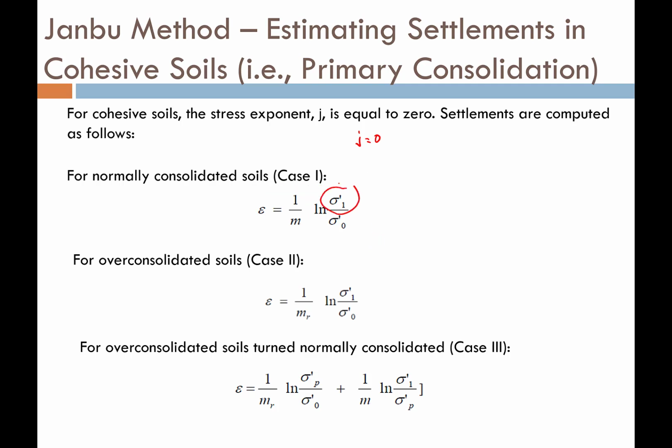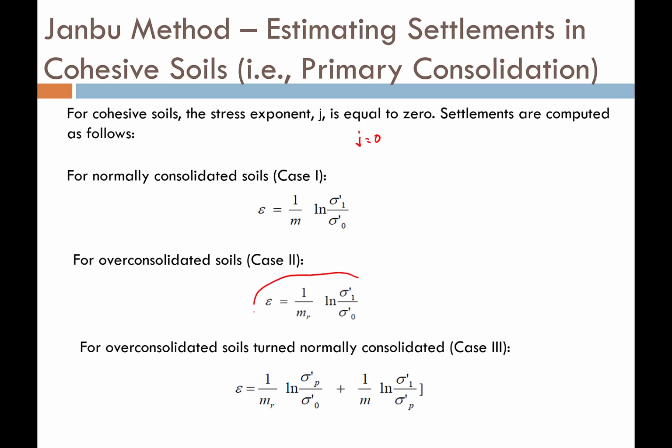By the way, sigma 1 is my initial stress plus my induced stress. It's the stress after I've applied my new stress.